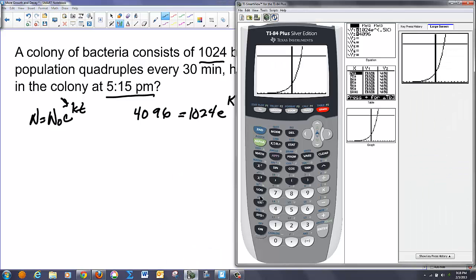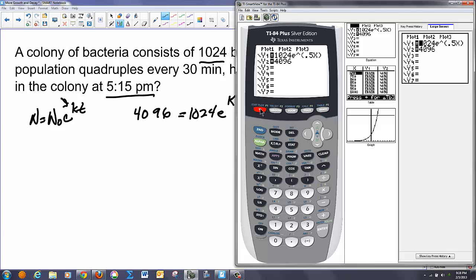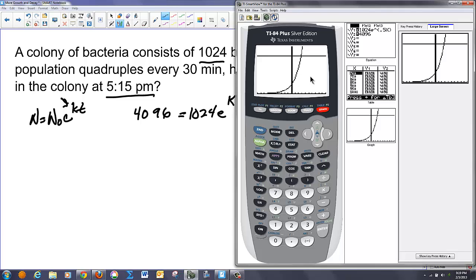So let's fire that up. What I'm going to do is graph the two functions. First, 1024 e to the 0.5 x, or k times 0.5. And I'm going to graph another equation of 4096. When I take a look at the graph, I notice that the two intersect. Where these two intersect is going to be the value of k.